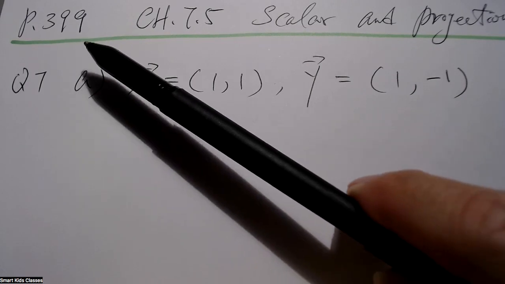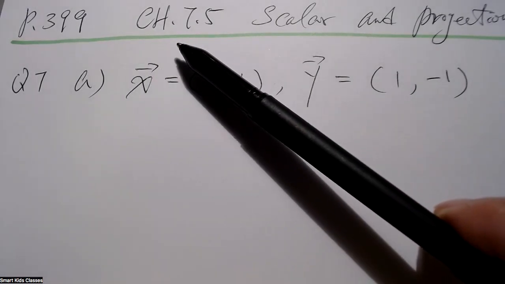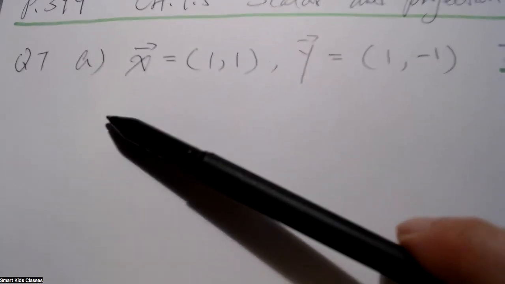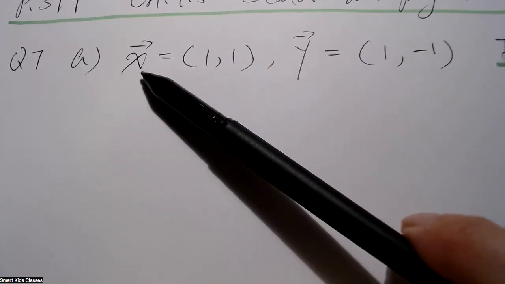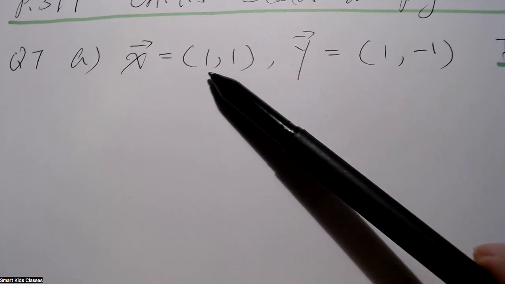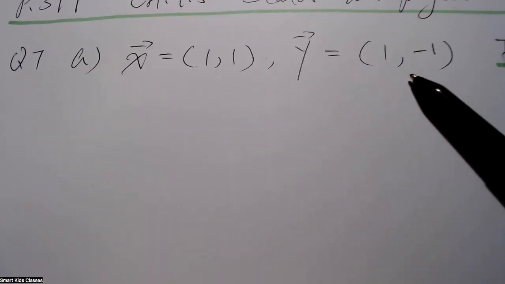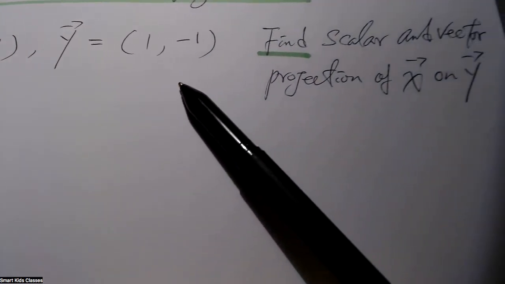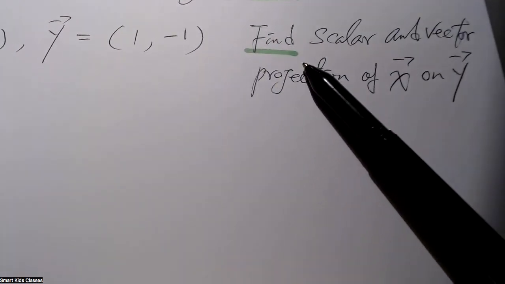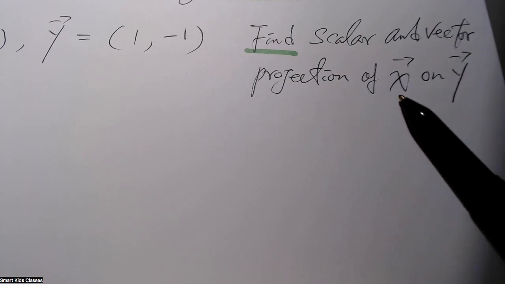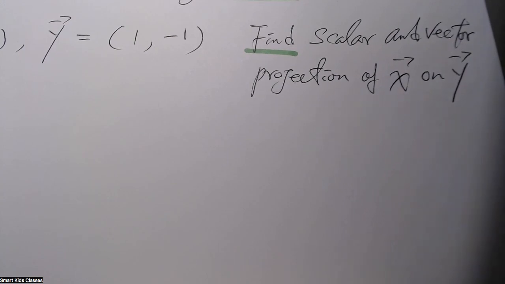On page 399, Unit 7.5, question 7. Vector x is (1, 2) and vector y is (1, -1). We need to find the scalar and vector projection of x on y.